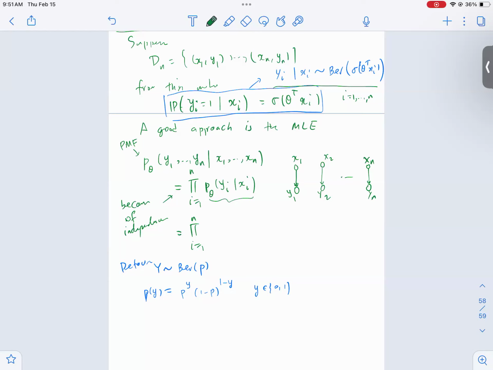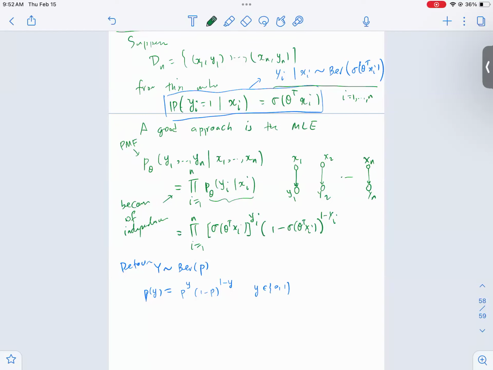Can someone tell me what this is? Substitute. So let's substitute. Just walk me through it. So what is it? Okay, so sigma of theta transpose xi, to the power yi, times 1 minus sigma of theta transpose xi, to the power 1 minus yi.